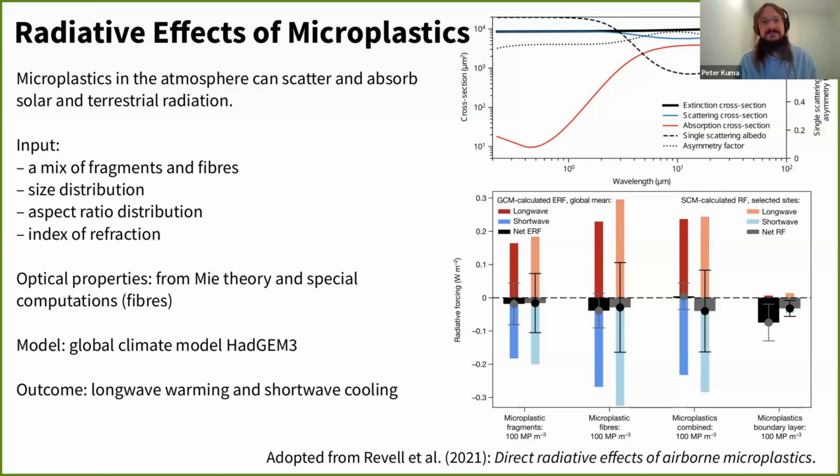So it's not something that we need to worry about right now in terms of the radiative effects of microplastics. But we could see that over time, if the concentration increases by like 100 times the current concentration, then we get effects of like 0.1 watt per square meter. And then they become important in terms of their radiative effect compared to other aerosols.